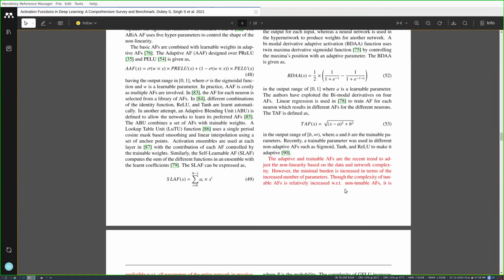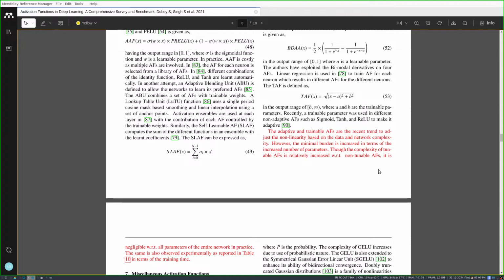The adaptive and trainable activation functions are the recent trend to adjust the non-linearity based on the data. Minimal burden is added in terms of the increased number of parameters. So the complexity of tunable activation functions is relatively increased with respect to non-tunable activation functions.